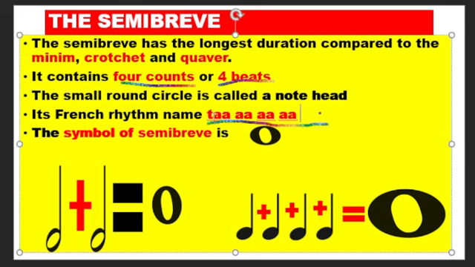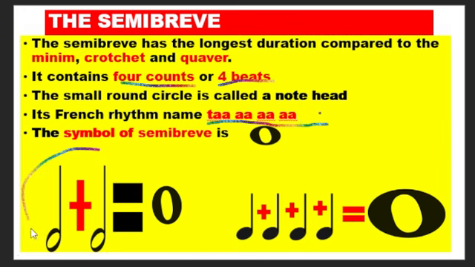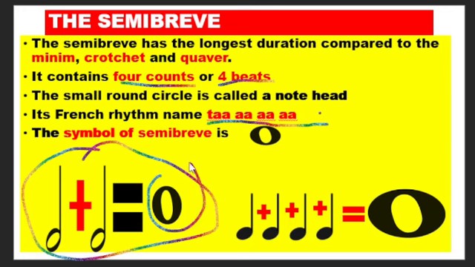So it is ta, again ta. That's the 4 beat pattern. Now here I have two minims. 1 minim plus 1 minim gets the semibreve.